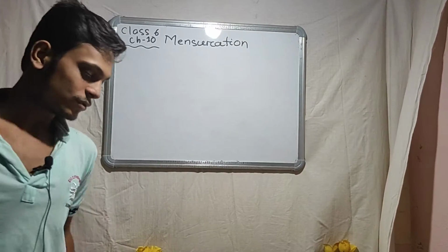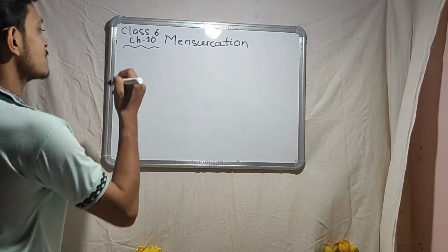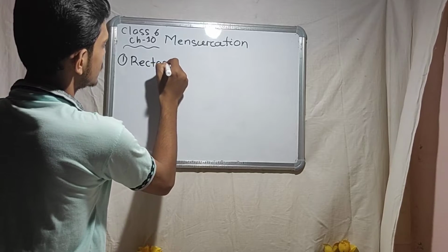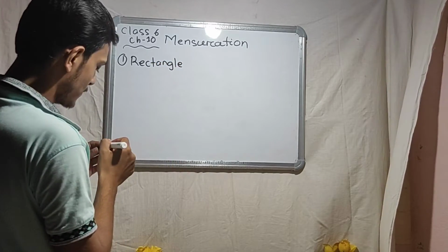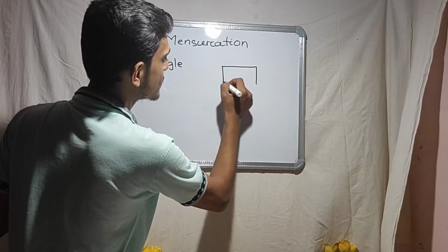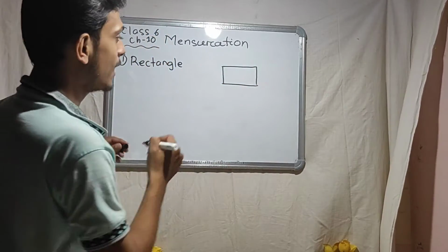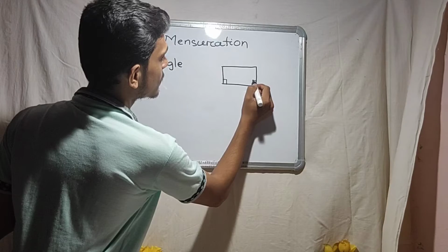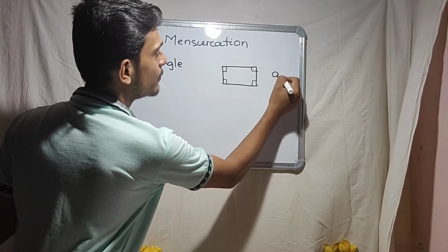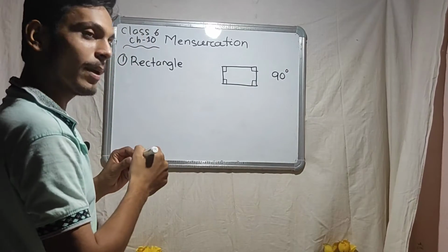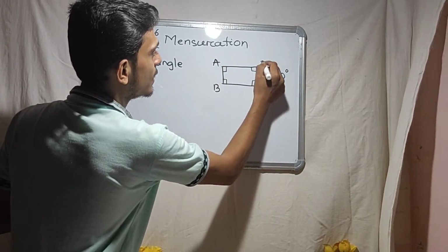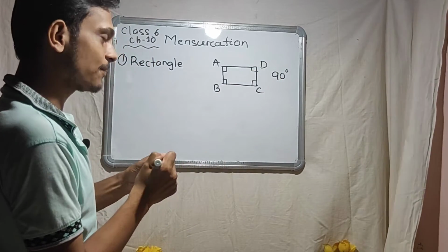Clear? So the first one is the rectangle. A rectangle has 4 sides, and all the angles are 90 degrees. 90 degrees means a right angle. Suppose its vertices are named A, B, C, D. So it is a closed figure, yes or no?